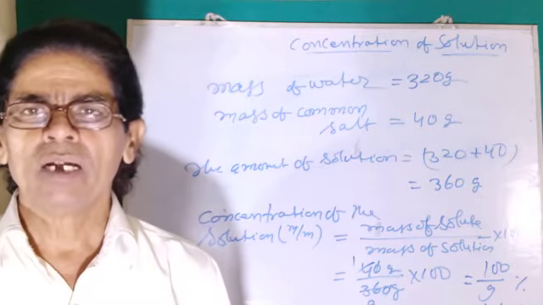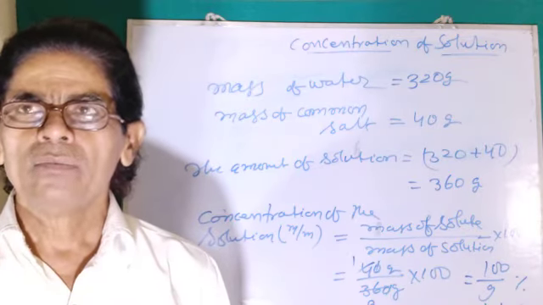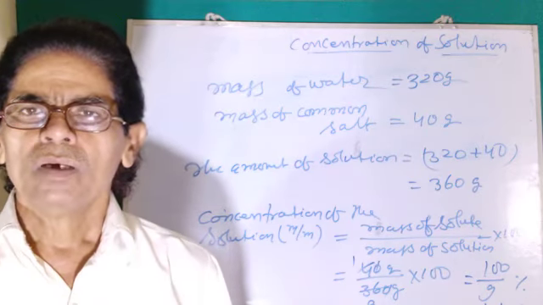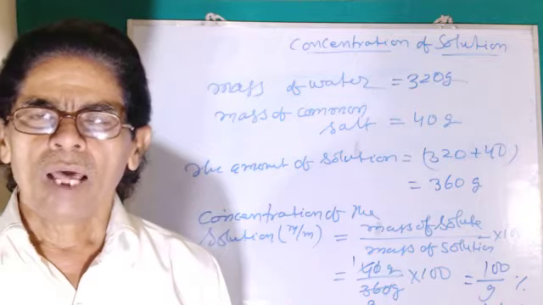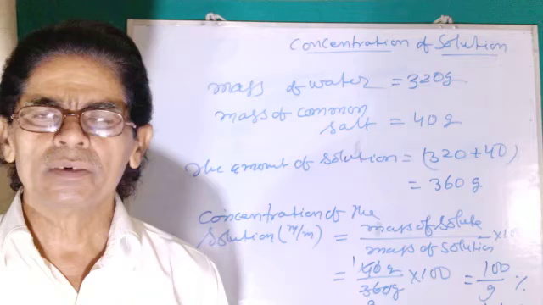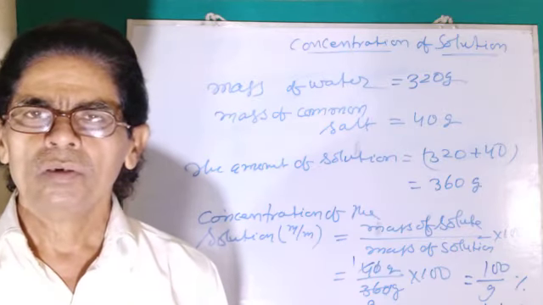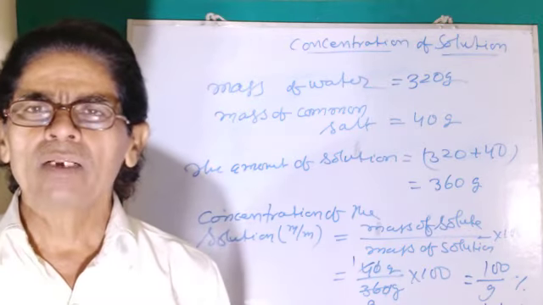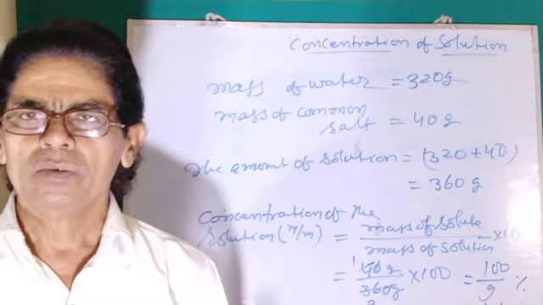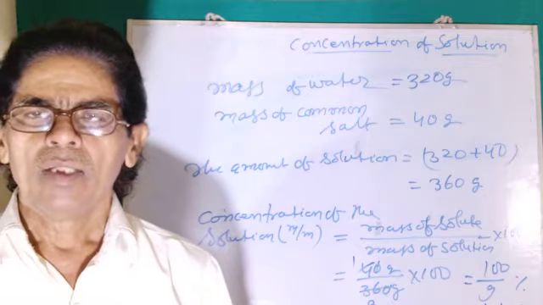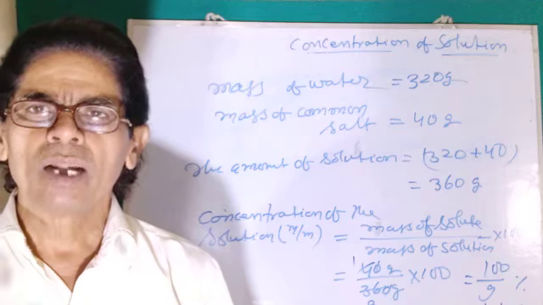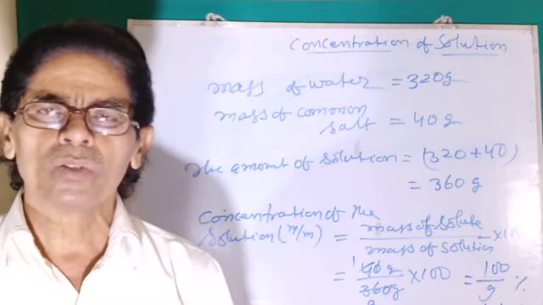So, suspension also show the Tyndall effect, just like when in a dark room, sunlight is allowed to pass through a narrow slit or the hole, the dust particles appear moving randomly. That can be observed along the track of the light passing through the dark room.